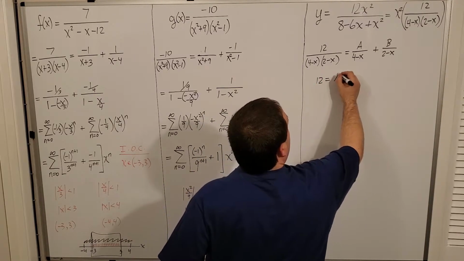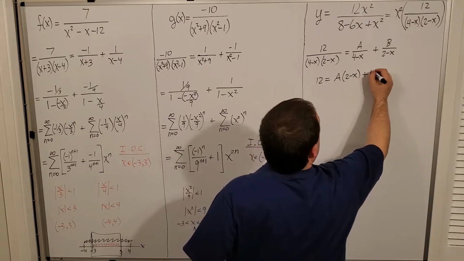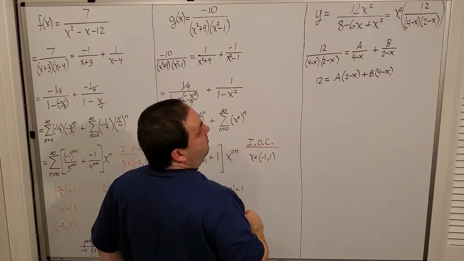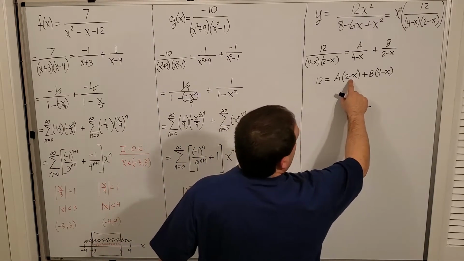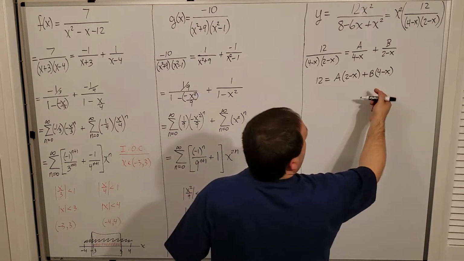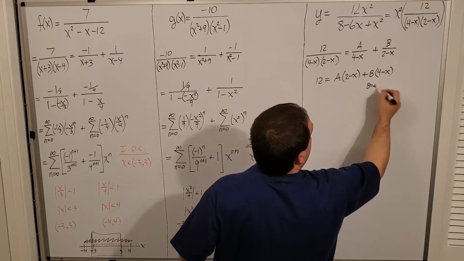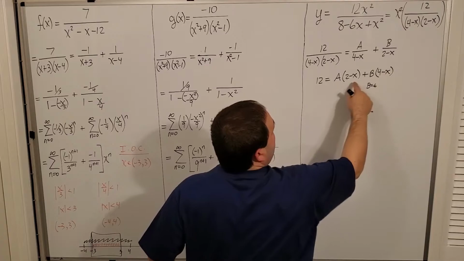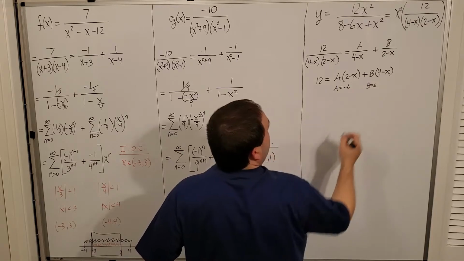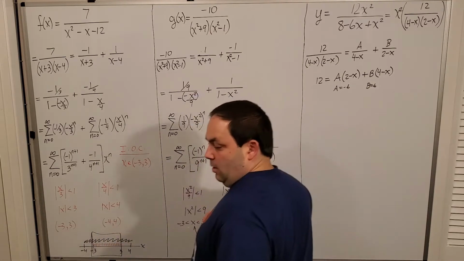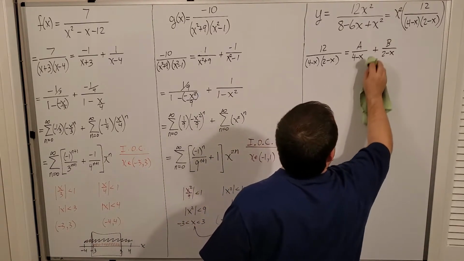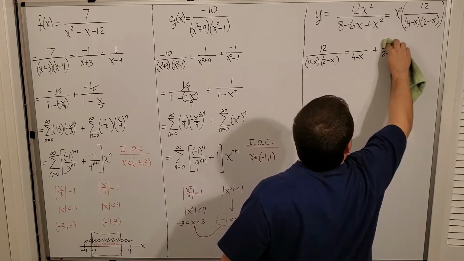I'll show you real quick. I know we haven't been going through all of these steps, but this one's not as straightforward as the other ones. Okay, so if I let x be 2, notice that I'm getting 2b equals 12, right? So b would have to be 6. And if I plug in 4, this zeroes out. 2 minus 4 is -2, right? A would have to be -6. Okay. So in my partial fractions world here, that means I've got a -6 here and a +6 here.